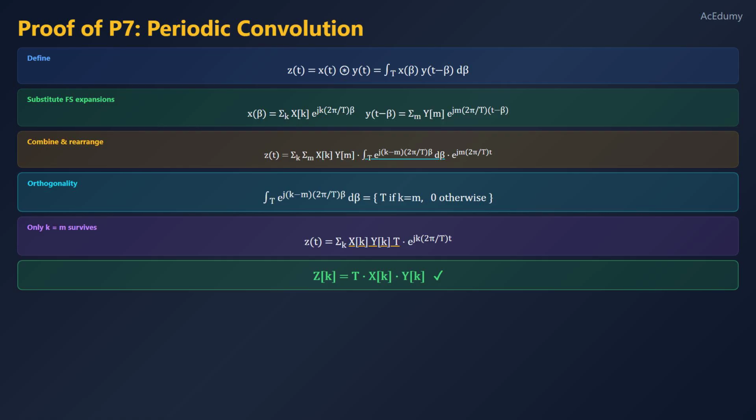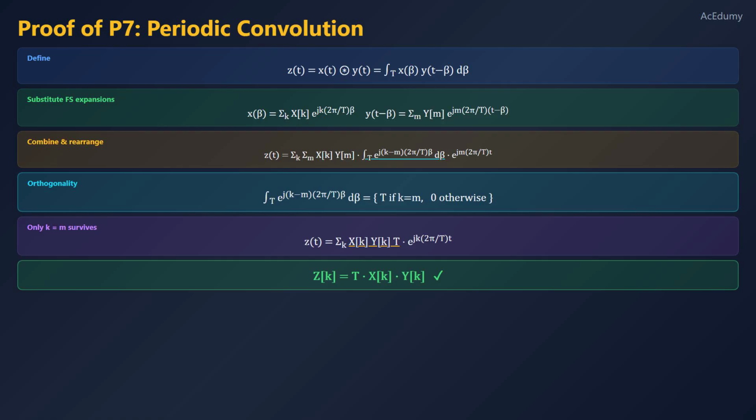Now we use the orthogonality result. The integral of e to the j times k minus m times 2 pi over T times beta over one period equals T when k equals m and 0 otherwise. This eliminates the inner sum. Only the terms where m equals k survive.